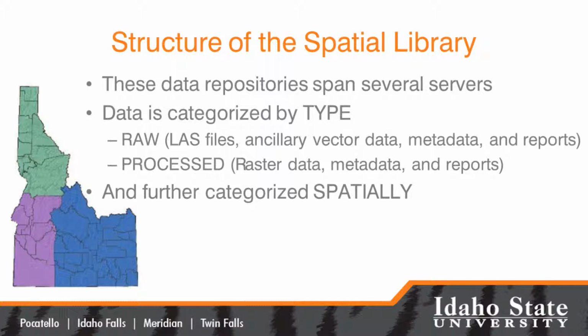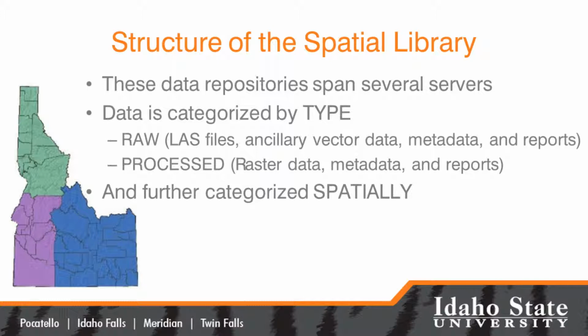Now, we said earlier, okay, this LAS file represents raw LIDAR data. So there is a folder on our server, and we'll see it here in just a little bit, that's called raw. And that's the place to go if you're looking for the LAS files, the ancillary vector data, the metadata, and the reports. If you're not interested in the LAS files, remember, these are the really big files.